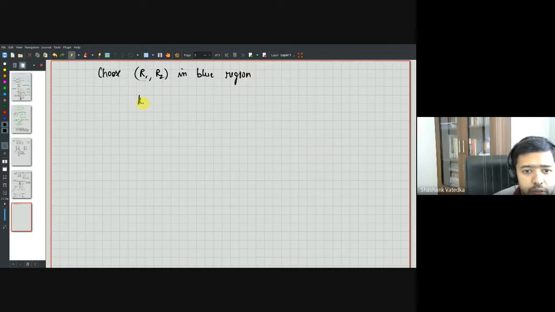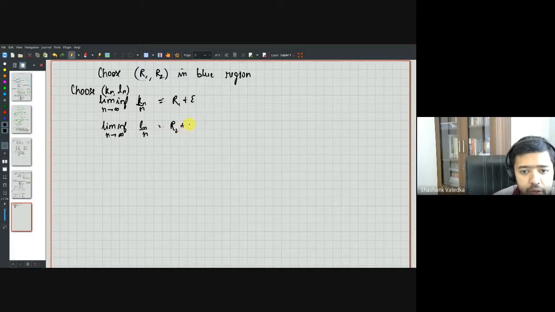And you choose kn such that the limit of kn over n is equal to R1 plus epsilon, and the limit as n tends to infinity of ln over n is equal to R2 plus epsilon. Okay, so this is what we are going to choose.